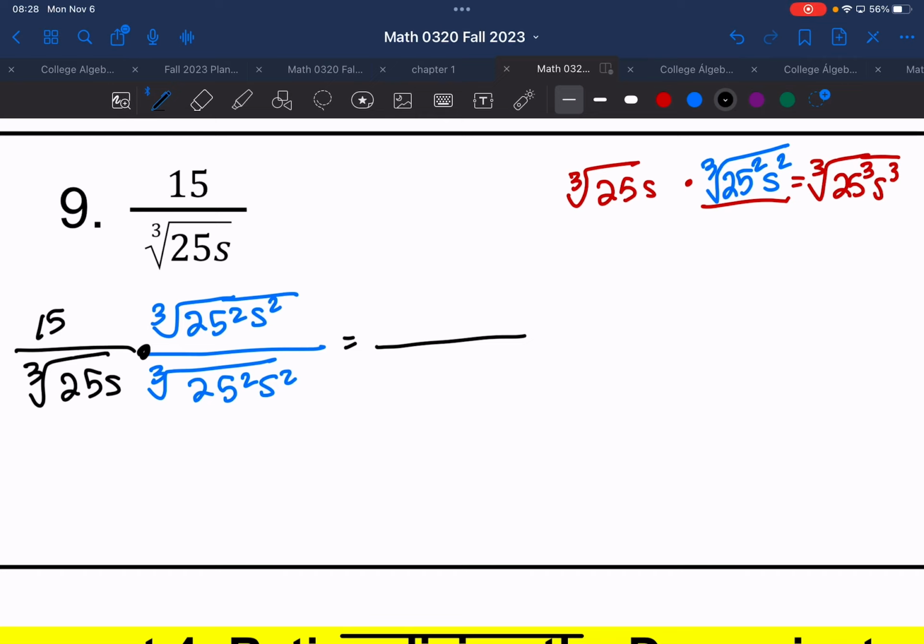Good, 25s, because it's going to cancel out. Okay. And the top, for now, we're just going to write that 15 on the outside with the cube root of 25 squared s squared. Okay. So that means all we have left to do is just simplify that radical on the top.